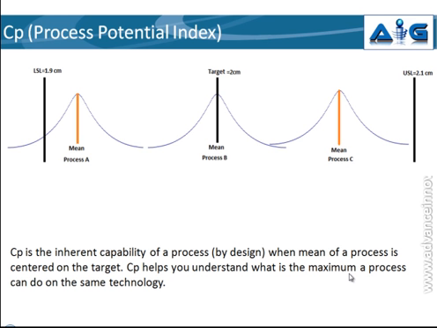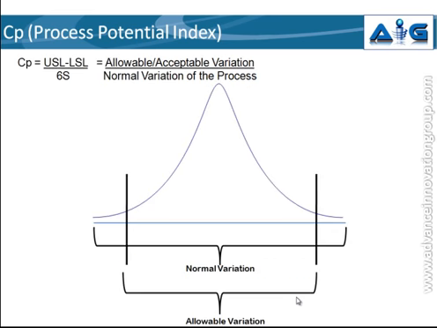So the best way for a process to perform is when the mean of the process is centered on the target. That is the reason we say CP is the capability of a process when the mean of the process is centered on the target. A process gives its 100% when its mean is centered on the target. Okay, now let's go to the next slide.